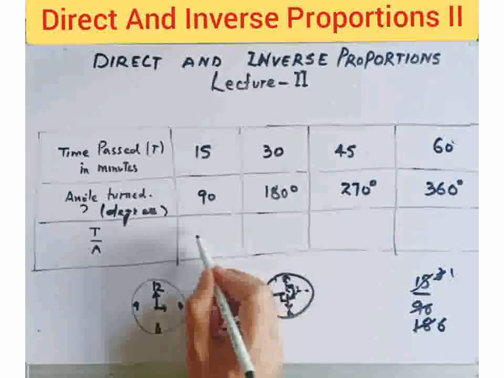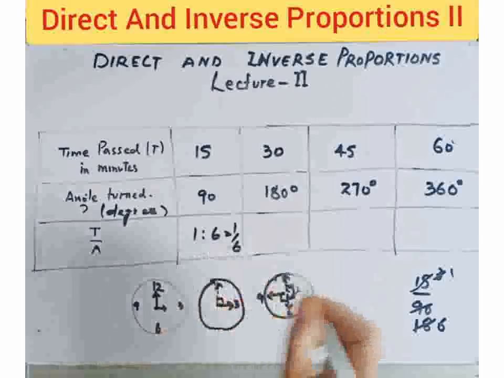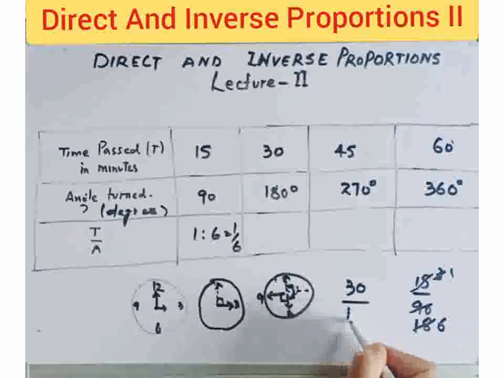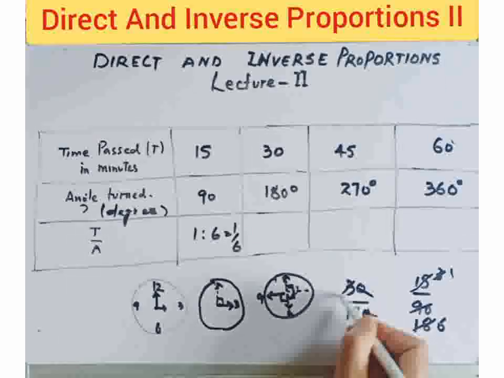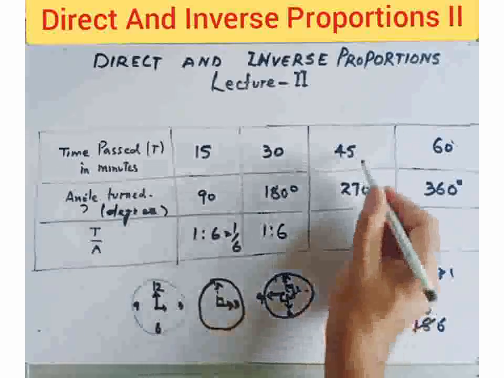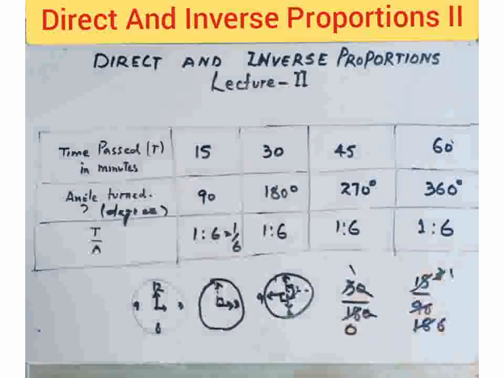So the ratio will be 1:6, that means 1 by 6. Here it will be 30 divided by 180, the zeros cancel, 3 1s, 3 6s are 18. So it will be 1:6 here, and again 1:6.